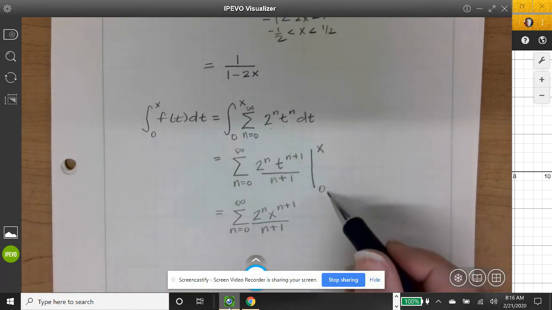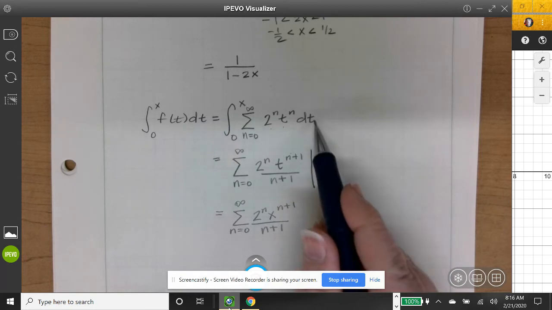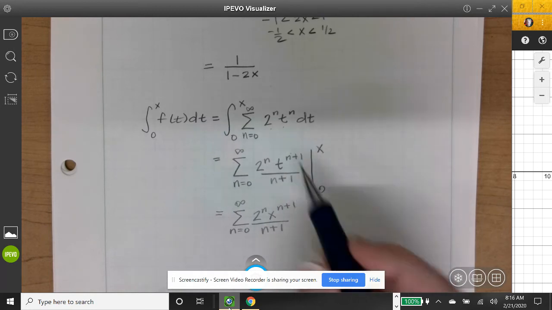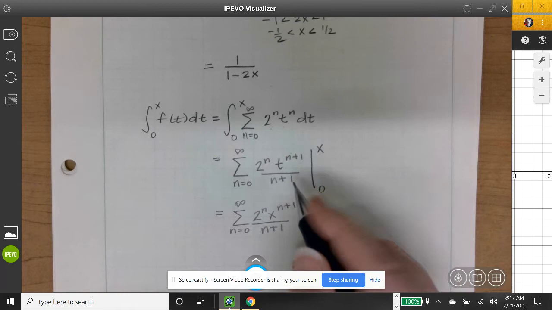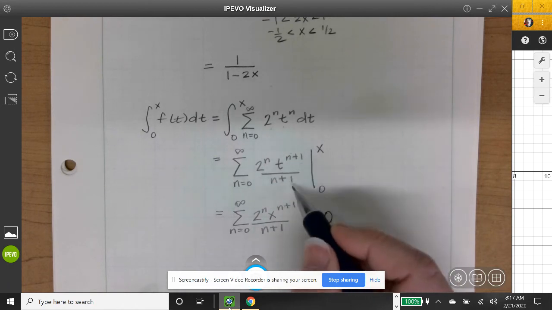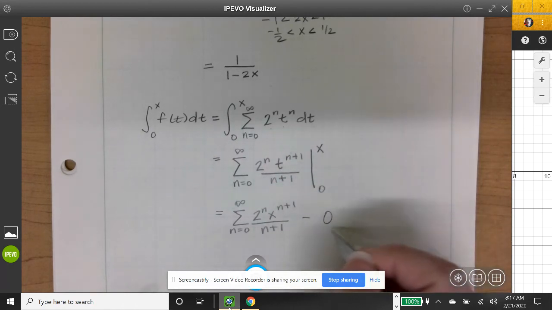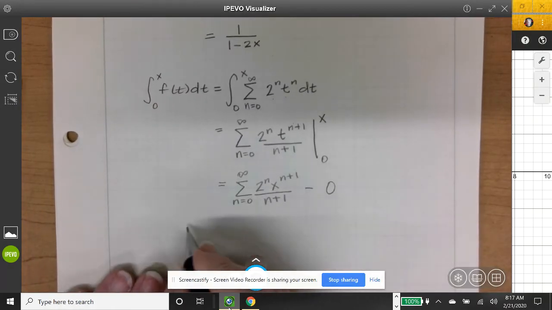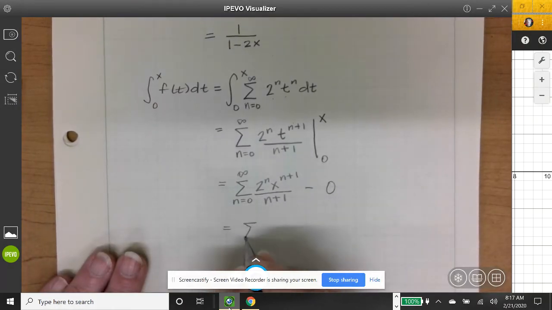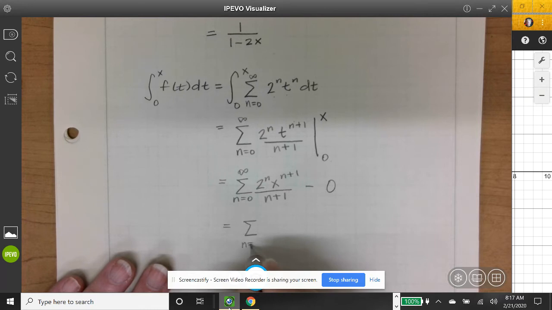And then when I plug in 0 for t, because I integrated with respect to t, this expression here, 2 to the n, t to the n plus 1 over n plus 1 goes to 0. So I just put a 0 here. And then we can say the integral is then the sum from n equals 0 to infinity of 2 to the n, x to the n plus 1 over n plus 1.